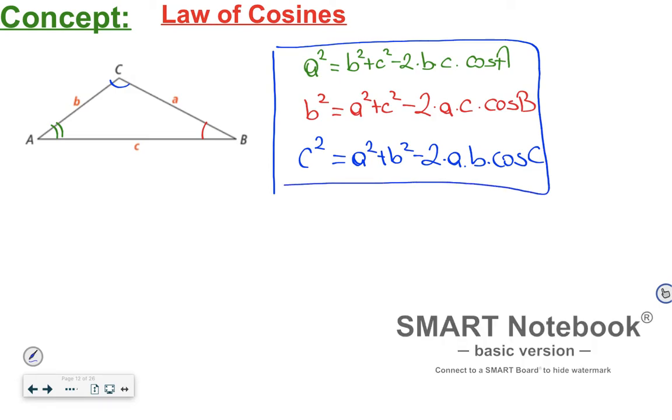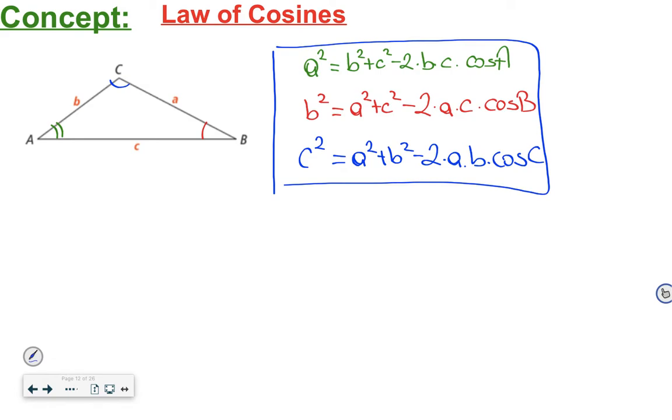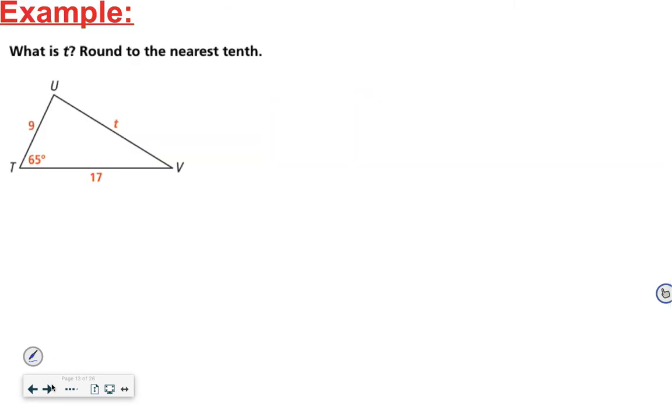Now in the next slide we are going to learn how to apply the law of cosine. In this question, what is t? Round to the nearest tenth. First, I am going to set up the law of cosine.